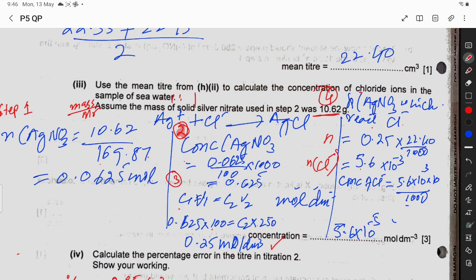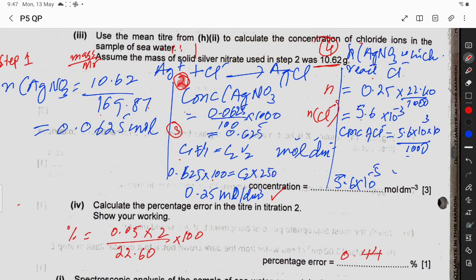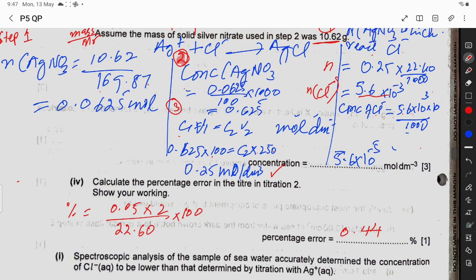The concentration of chloride ion is the moles over volume, 5.6 × 10^-3, this is the moles over volume.